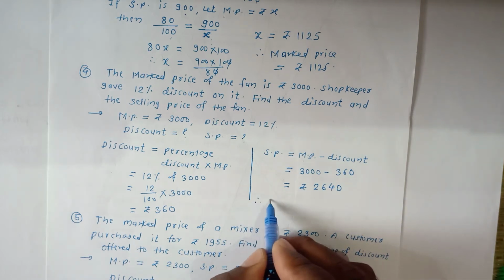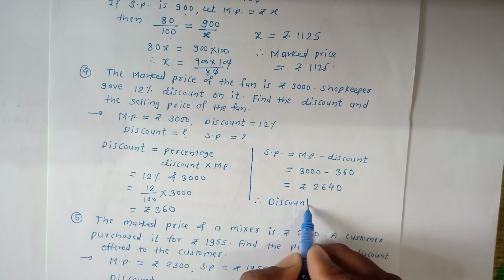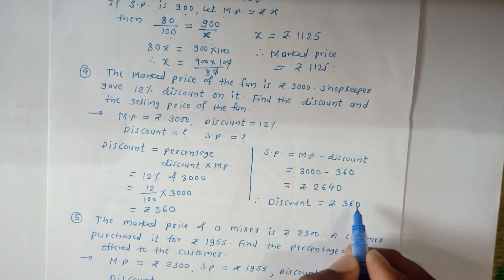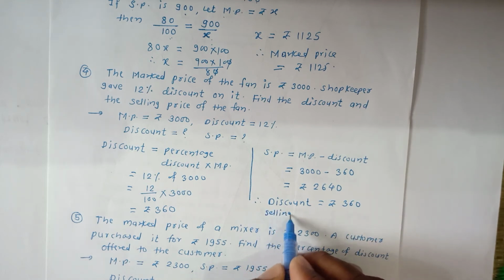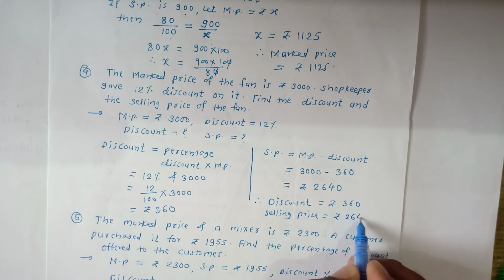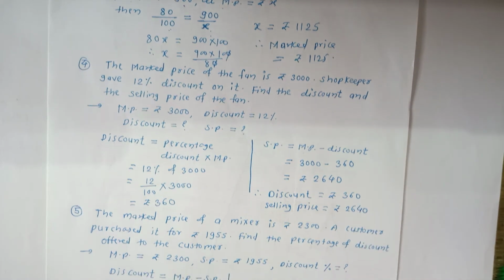Therefore our answer is discount is equal to rupees 360 and selling price is equal to rupees 2640. This is our answer.